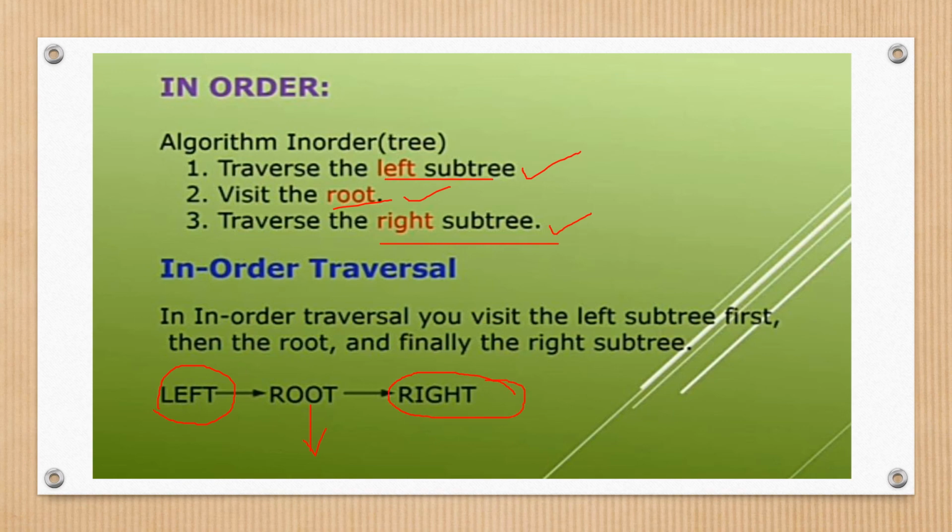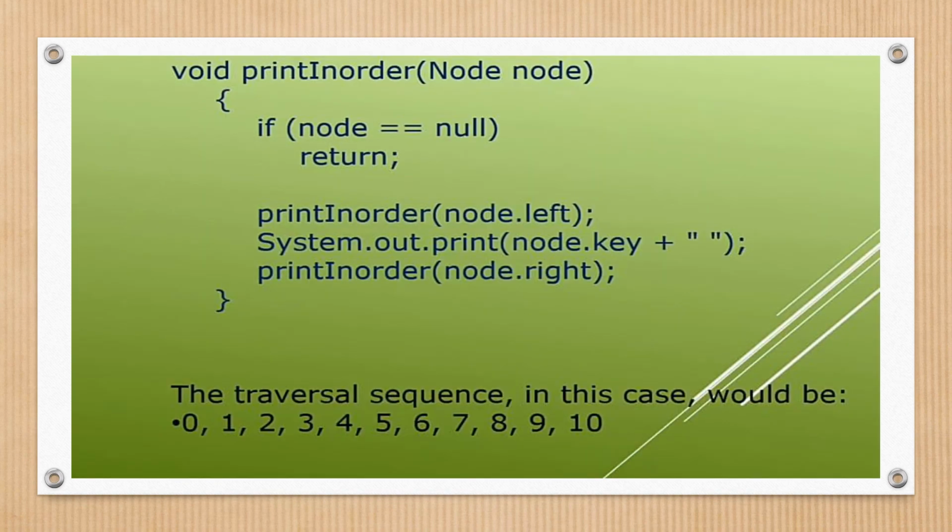The code for in-order traversal is as follows. Same code, but the order of these statements will be changed and the function name also changed. Here, first we have to visit the left subtree, then the root, and then the right.